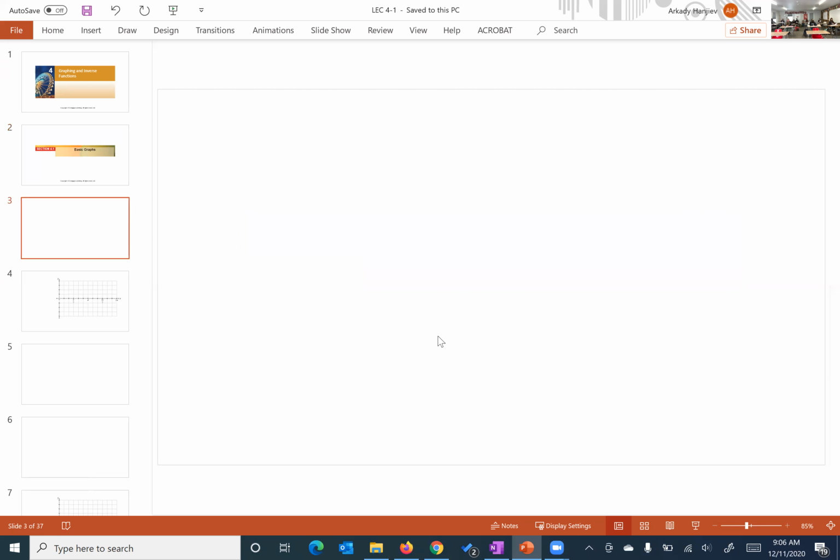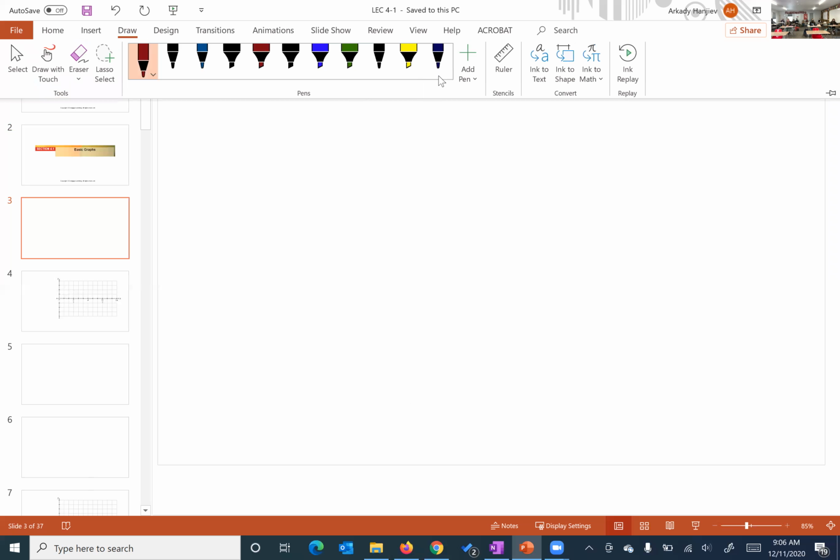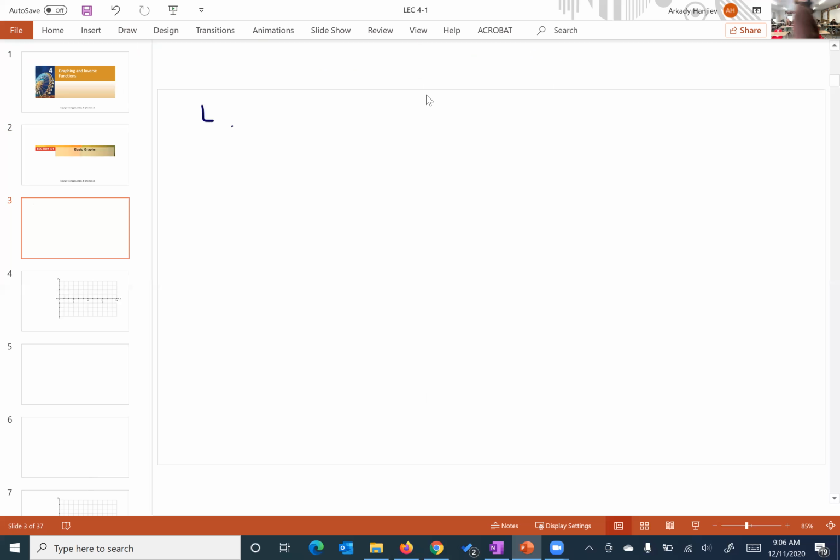So example number 1: I'm just going to call it the sine function, and graph.